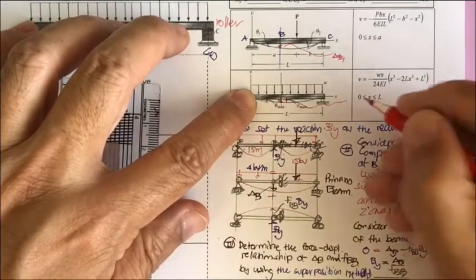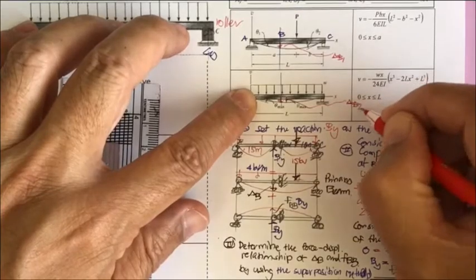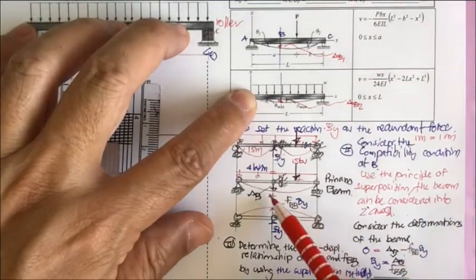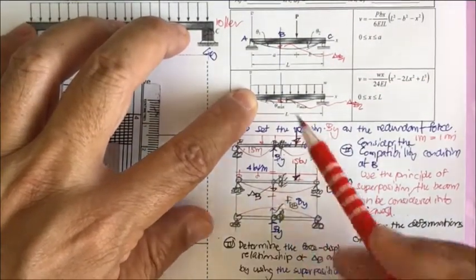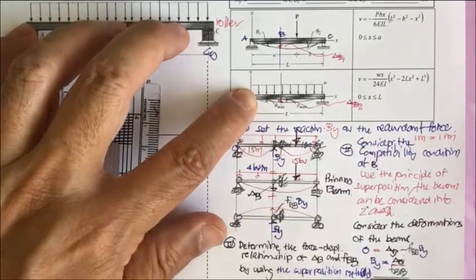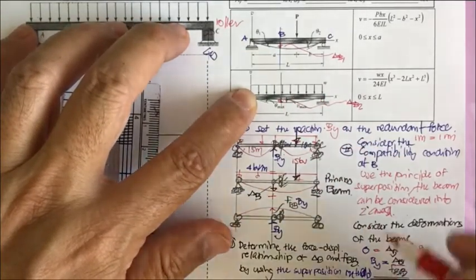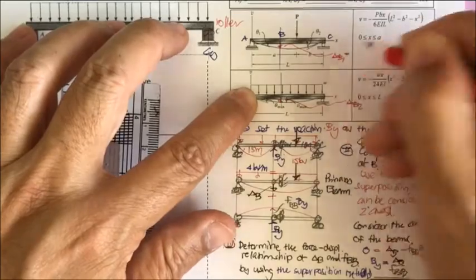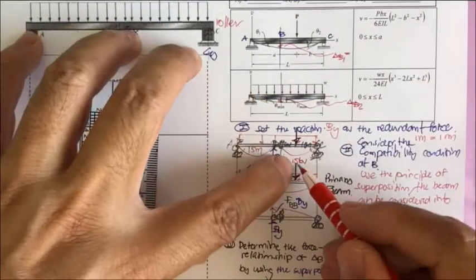You may set this one as delta sub B2, and delta sub B is going to be the combination of these two.